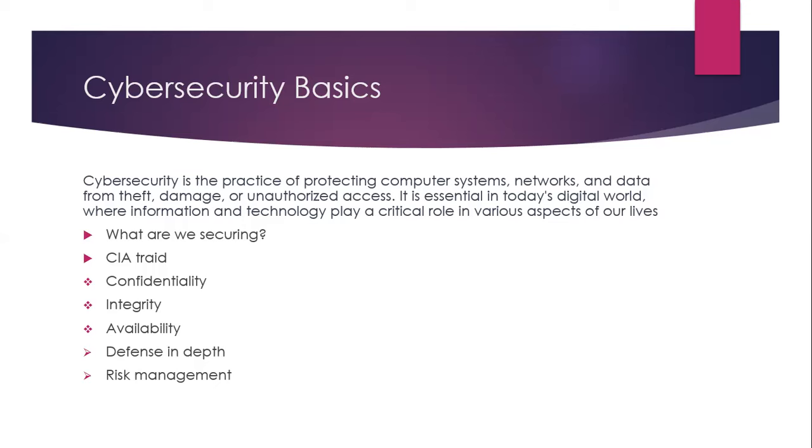When we talk about risk management, you need to prioritize your risk. You need to know the business needs when you're managing risks. When you have an attack, how are you going to manage the effect of this attack?